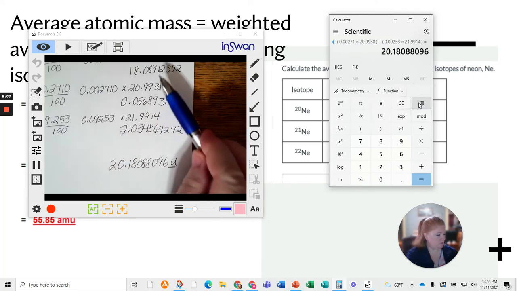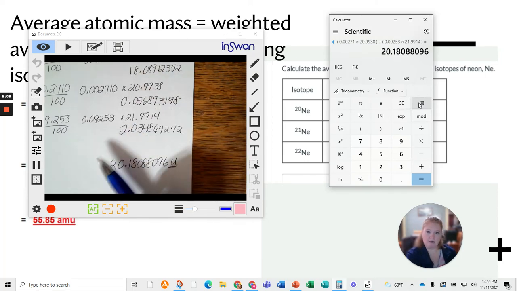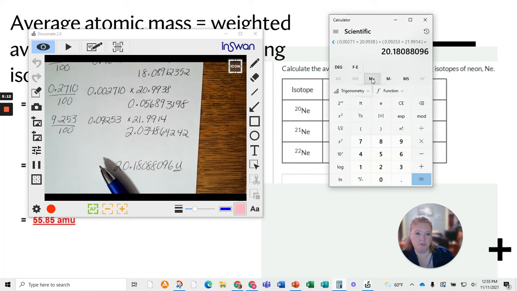But just so you're convinced that I did it right, I'm going to add these numbers. So let's clear this. I wrote it down here.